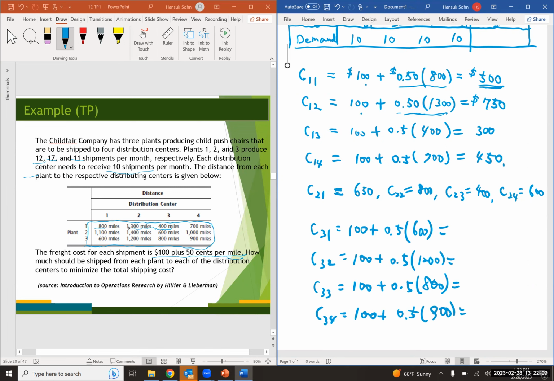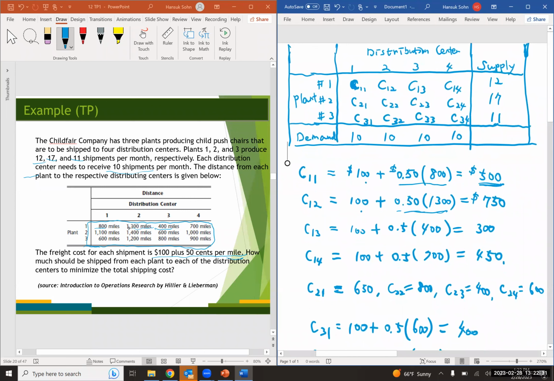It's going to be 400 and 700, 500, right? And the last one is going to be 550, right? Okay. In a way, you can complete the transportation table, okay? And once you build up this transportation table, the rest of it is very trivial, right?